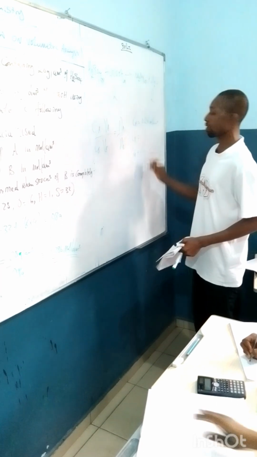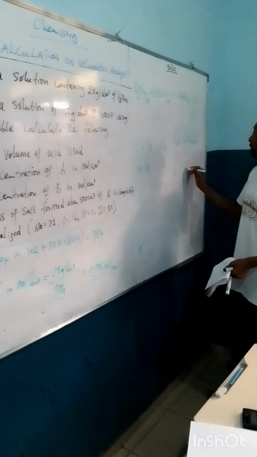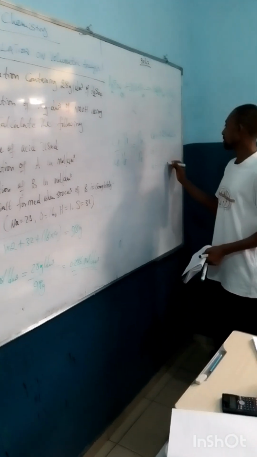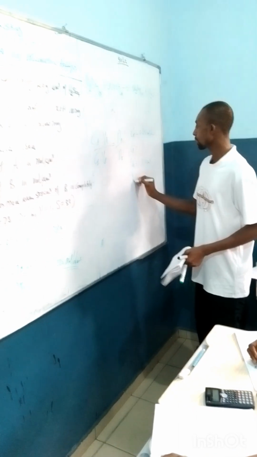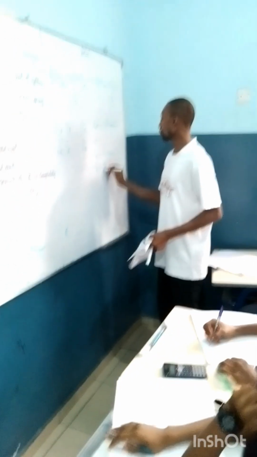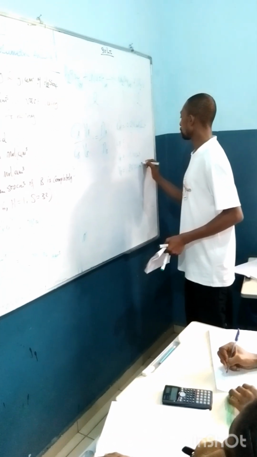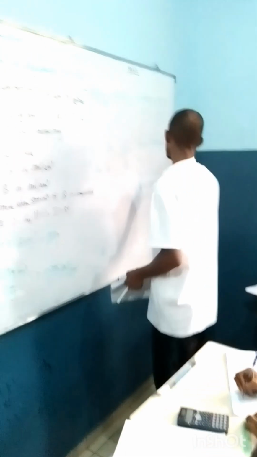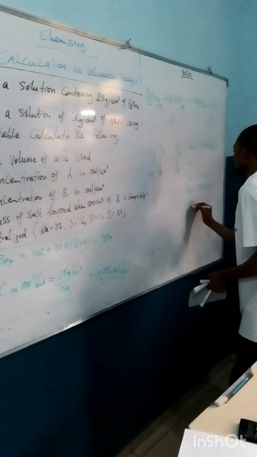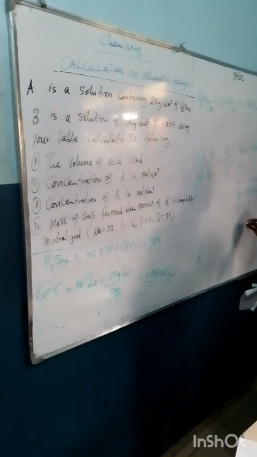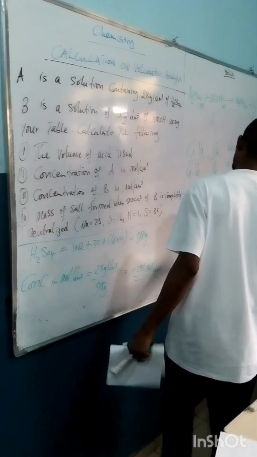Va is equal to our titer value, which is 11.10 centimeter cube, and then Vb is the volume of our pipette, and that is equal to 25.00 centimeter cube. Alright, so the ratio of reaction for Na is equal to 1 and Nb is equal to 2. So we substitute our values here.